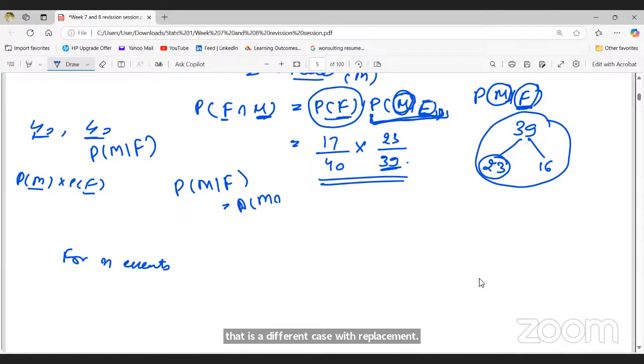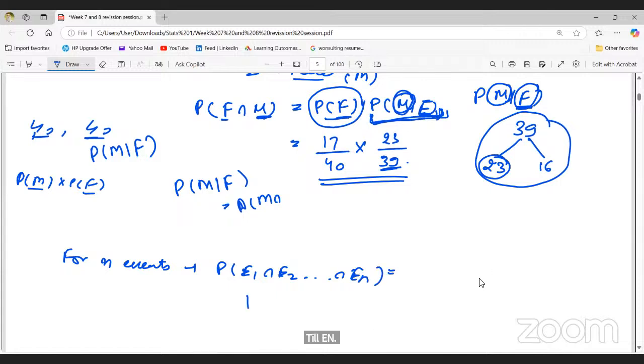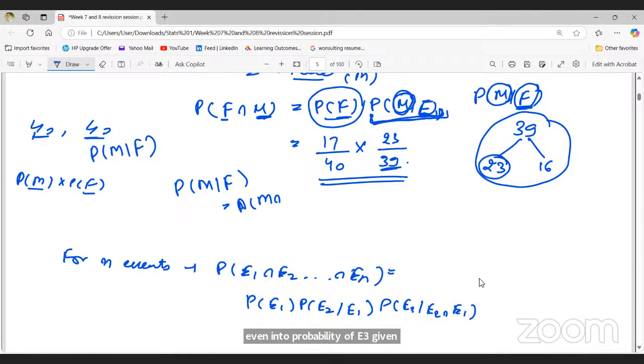So in this multiplication rule, we have two events, right? If I have n events, then probability of E1 intersection E2 till En would be equal to probability of E1, probability of E2 given E1, into probability of E3 given E2 intersection E1, and it goes on, up to probability of En given E1 through En minus 1.